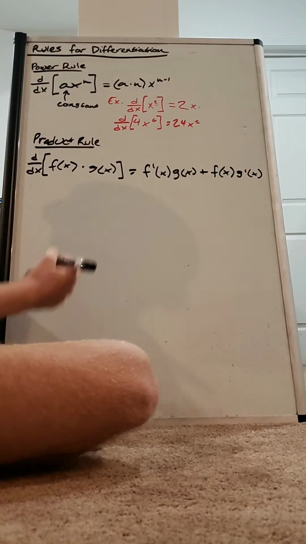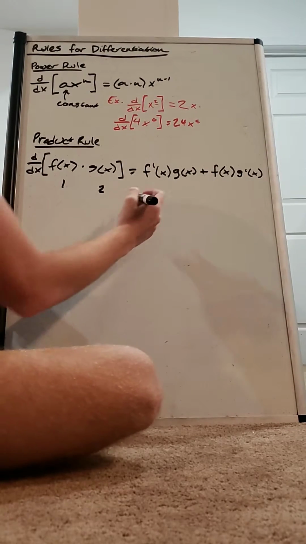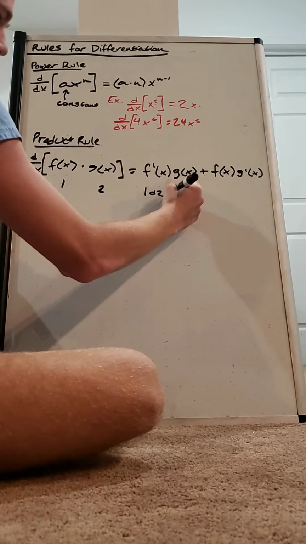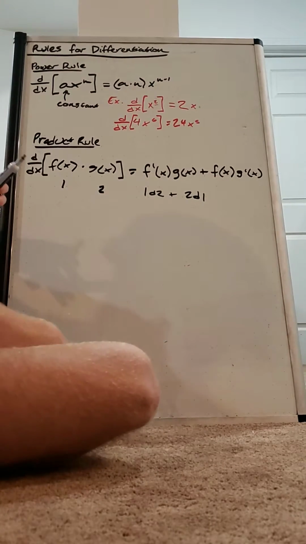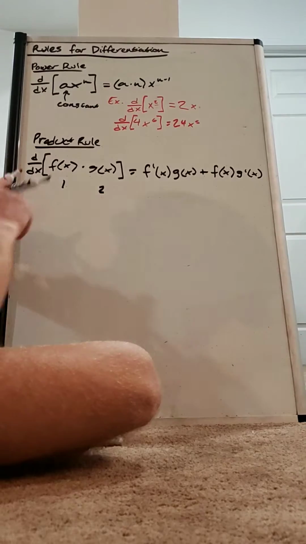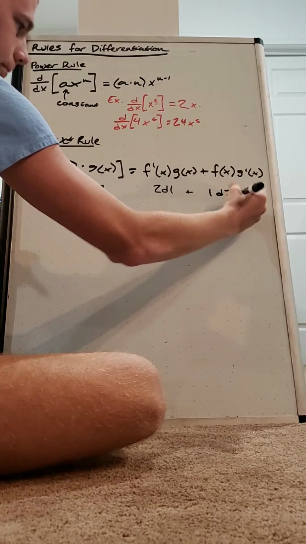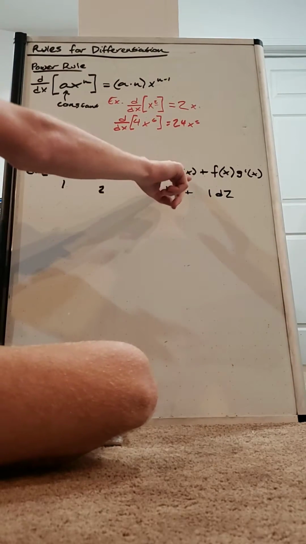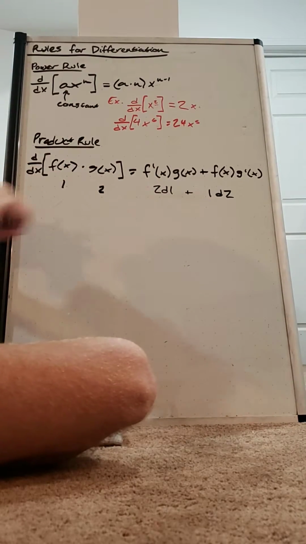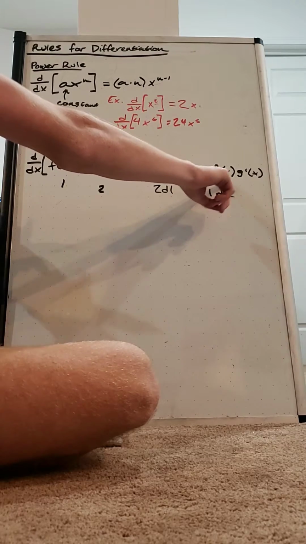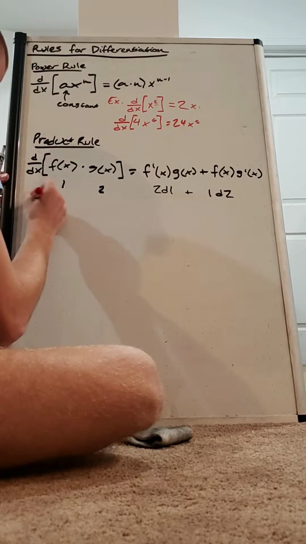If we call these function 1 and 2, a shorthand version of remembering this would be 1 d2 plus 2 d1, or in this case we would just switch that: it would be 2 d1 plus 1 d2, because we have the second function, g of x, times the derivative of the first function, f of x, added to the first function times the derivative of the second function.